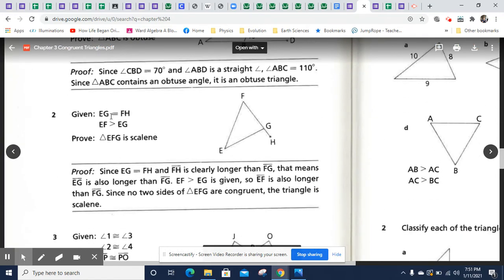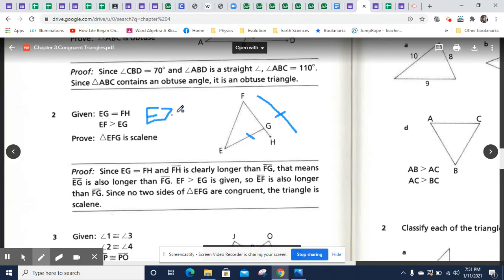Okay, the next one's a little trickier to think through. We've got EG, and I think it'll be useful to write this out. So EG here is congruent to FH. I'm just drawing it out there to not confuse things. We also know that EF is larger than EG.